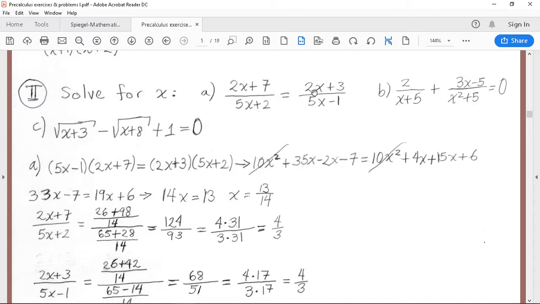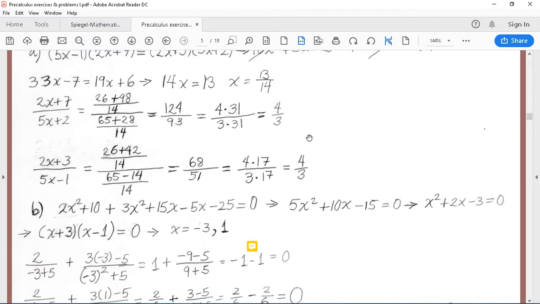Okay, now (2x + 3)/(5x - 1). So we replace x equals 13 fourteenths here, and we have 2 times 13, that's 26 again, and 3 is 42 fourteenths. 5 times 13 is 65 again, and minus 1 is minus 14 fourteenths. 14s cancel out here.